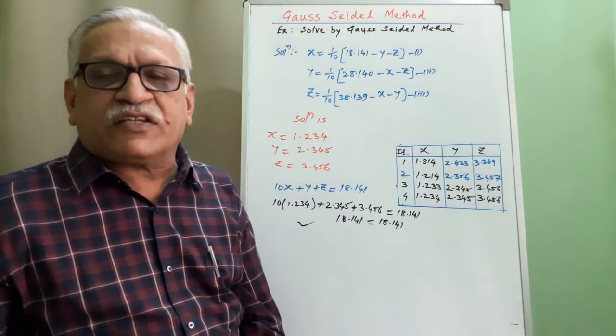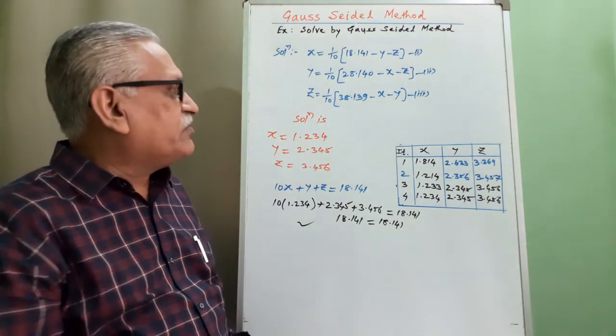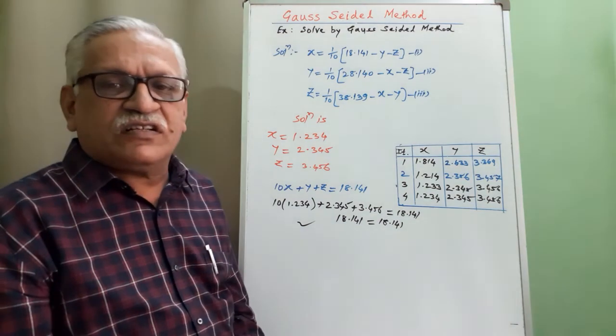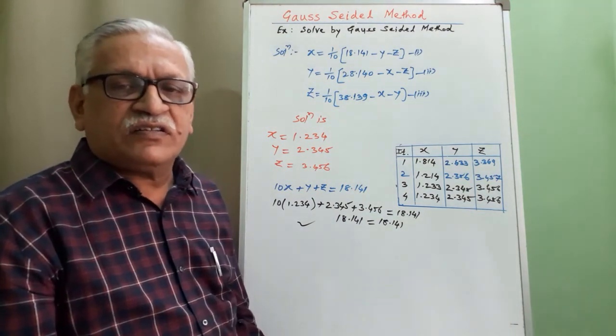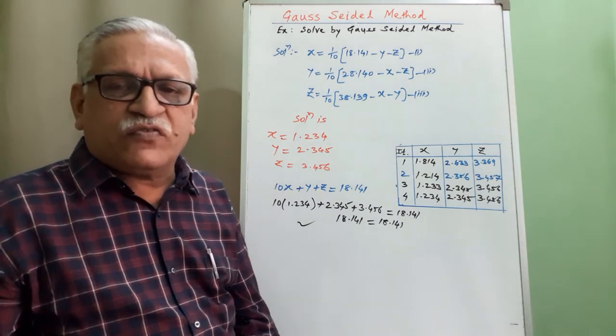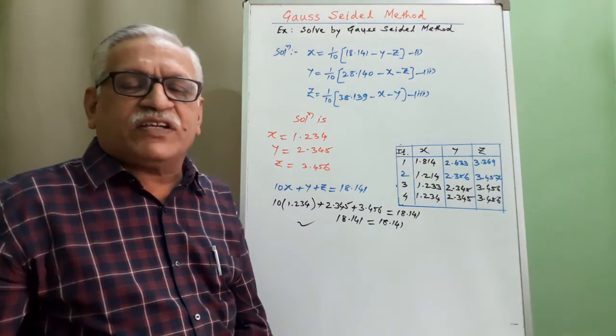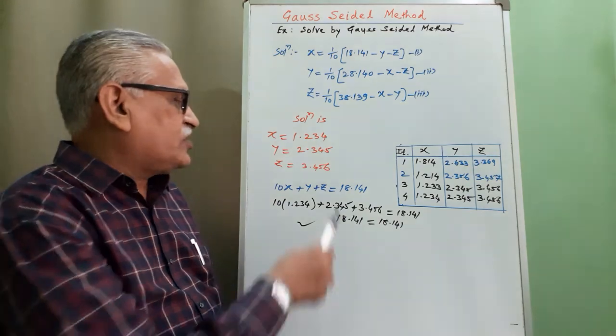First equation is satisfied. Similarly, you cross check yourself for the remaining two equations, second and third. If all the equations are satisfied, then we can say that the obtained solution is the correct one.